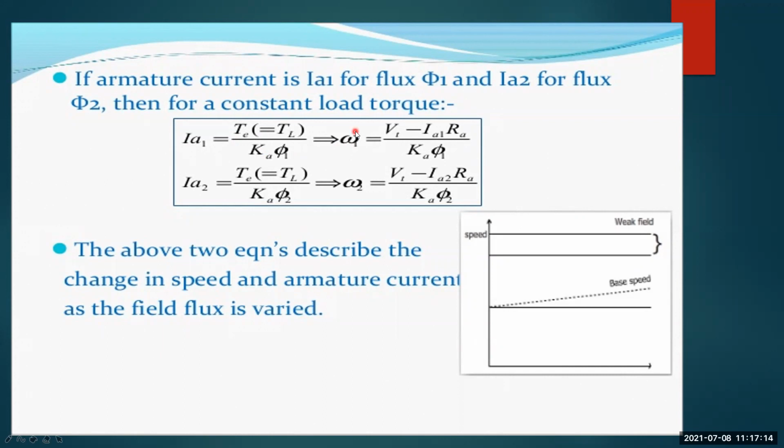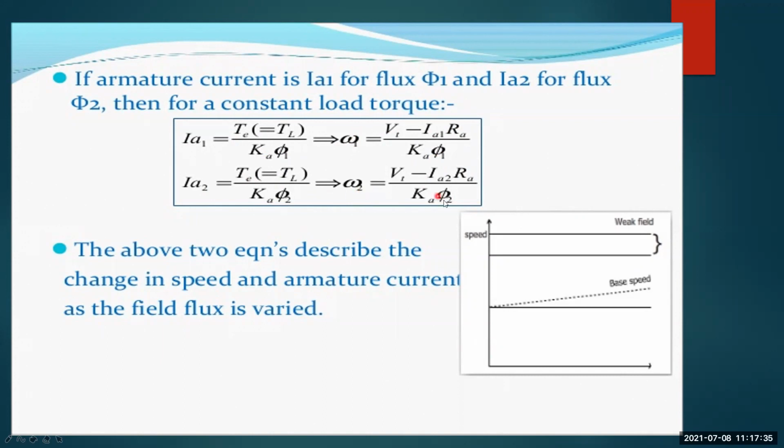So ω1 is equal to Vt minus IA into R divided by K into φ1. You know this relation. And IA2 is equal to torque T divided by K into φ2. Here the flux is changing, φ1 and φ2. ω2 is equal to Vt minus IA2 into R divided by K into φ2. The speed is inversely proportional to the flux.